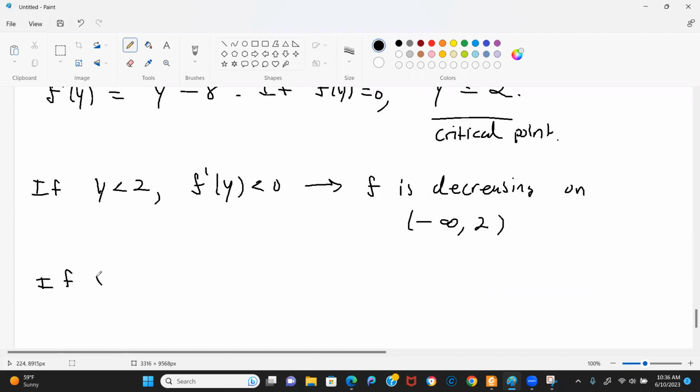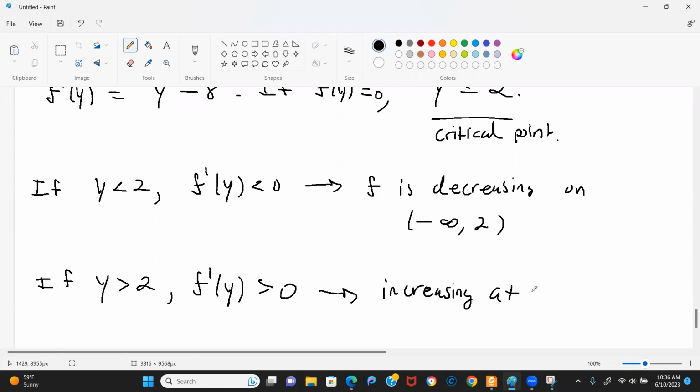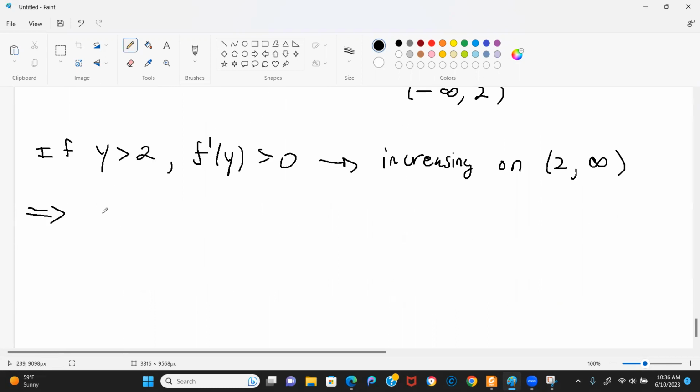And if y is bigger than 2, then f prime of y is greater than 0. So this means it's increasing on 2 to infinity. So it's decreasing and then increasing. So y equals 2 corresponds to a local minimum.